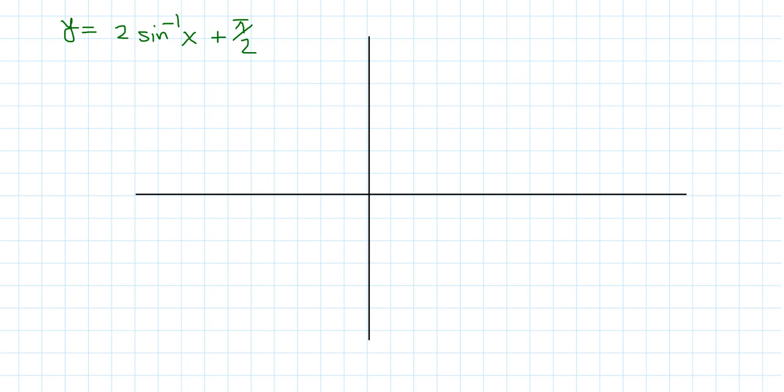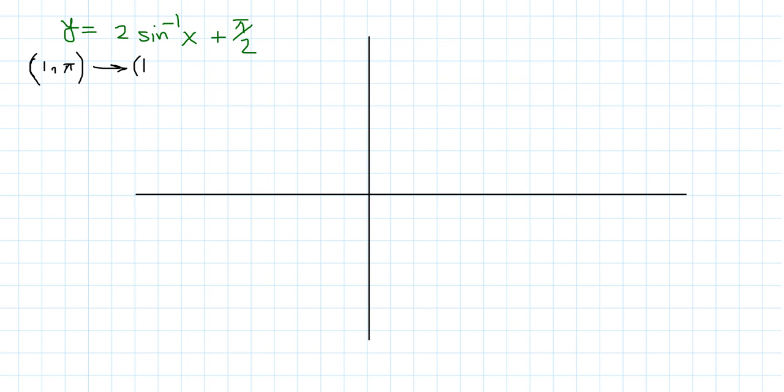Let's go by finding the points. After that we can draw it by the shifting. So at first finding the points. In y equal 2 sine inverse x, I had this point 1 and pi. Now the y coordinate should add pi over 2.